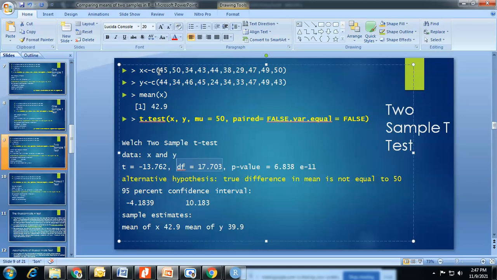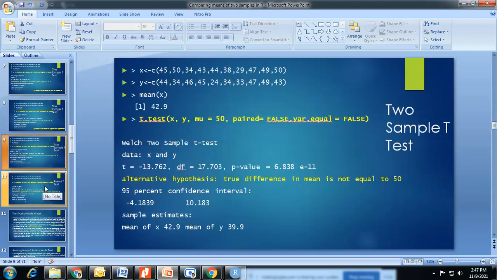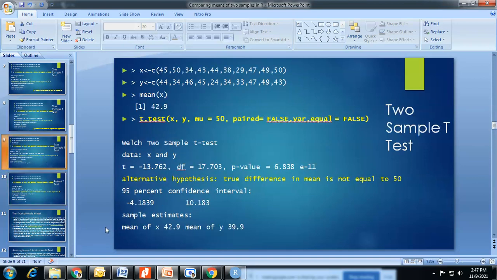The 95% confidence interval is minus 4.18 and 10.18, and the sample estimates for x and y are: mean of x is 42.9 and mean of y is 39.9. Let me just check with another example. It is effectively a tiny value when we say e raised to minus 11.